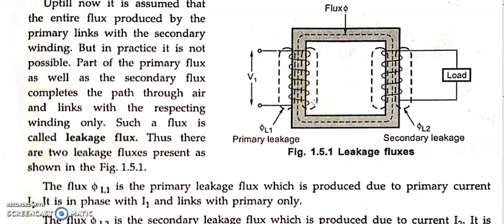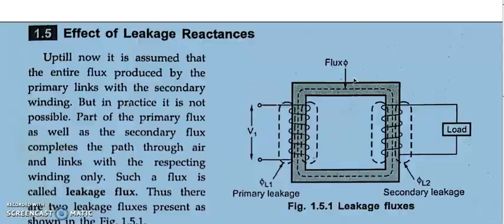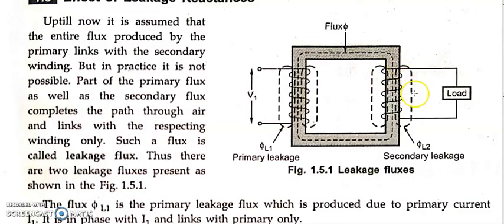Hope you understood. There are two aspects here. One is uppercase E1, the main induced EMF. The other is lowercase EL1, the self-induced EMF which opposes the supply voltage. Leakage flux also flows in the air and completes its path in the secondary winding.